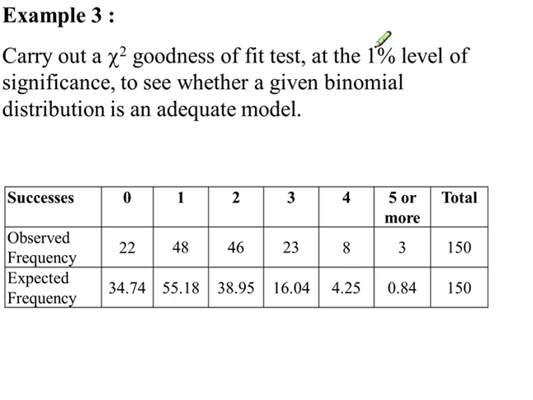Example 3, 1% significance level, and we want to see if our data will fit a binomial distribution. The E values here are both less than 5, but if you add them together, it gives you an E value that's at least 5. So we need to combine these categories together to make a new one called 4 or more.